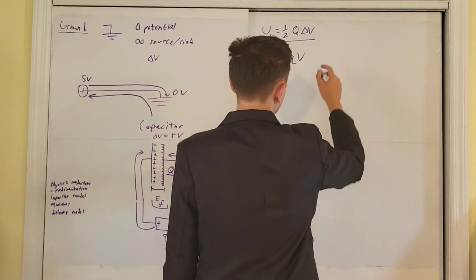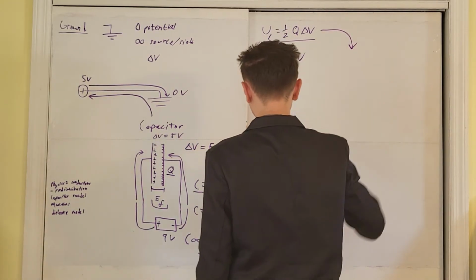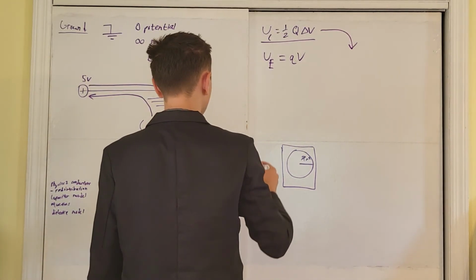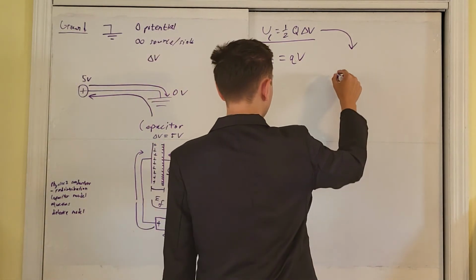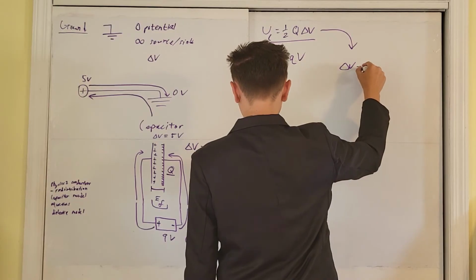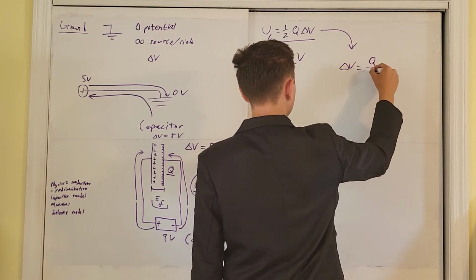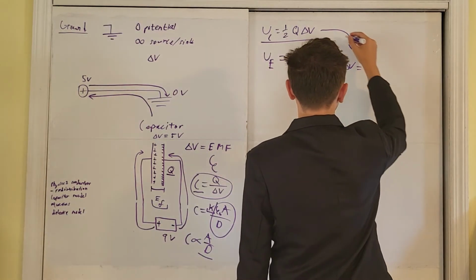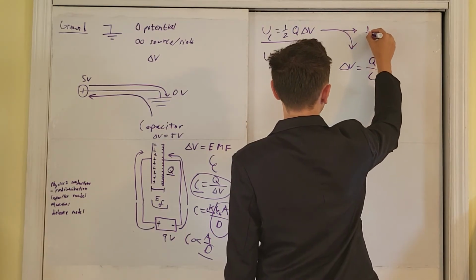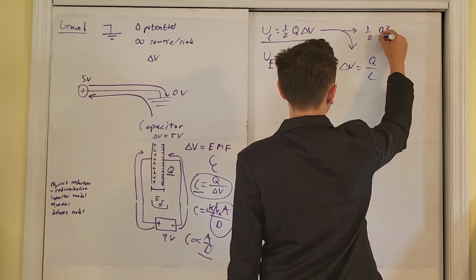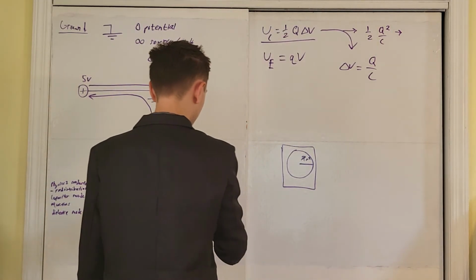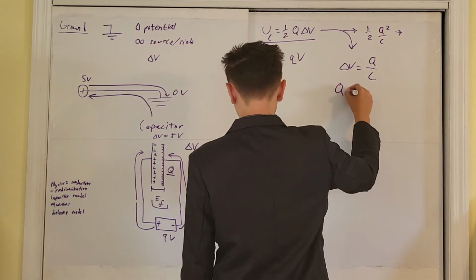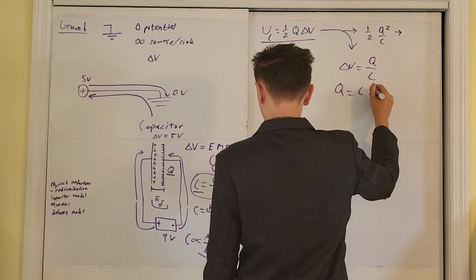We can rewrite this equation in a different form, say with this equation. We can say that our potential difference is equal to Q over C. So therefore this can be rewritten as 1/2 Q squared over C, or we can do Q and say that Q equals C delta V.